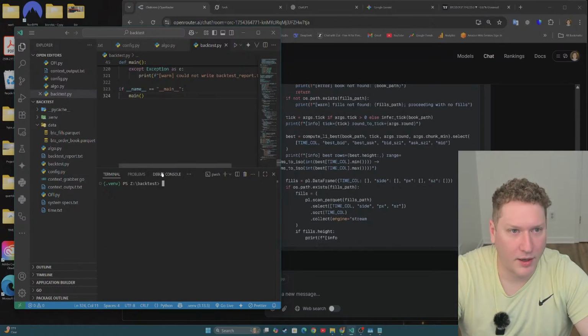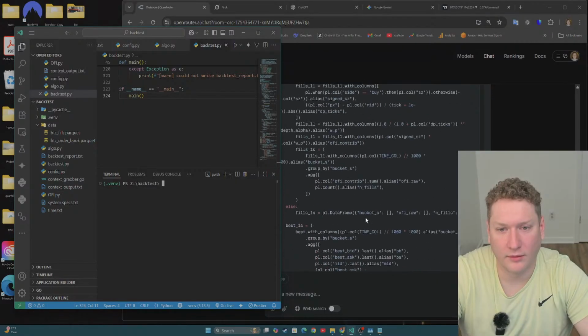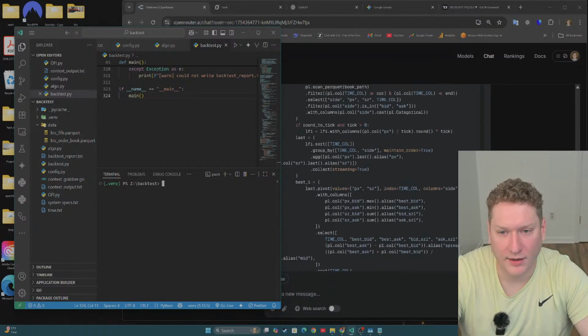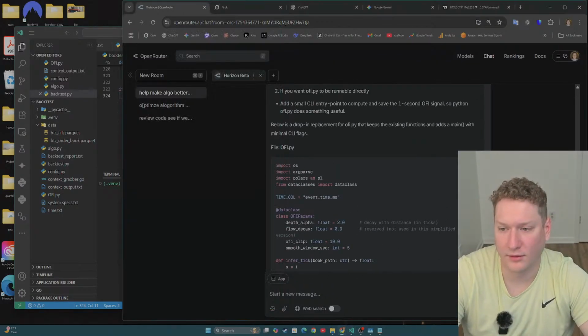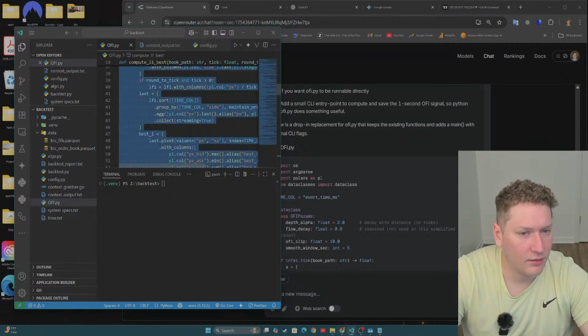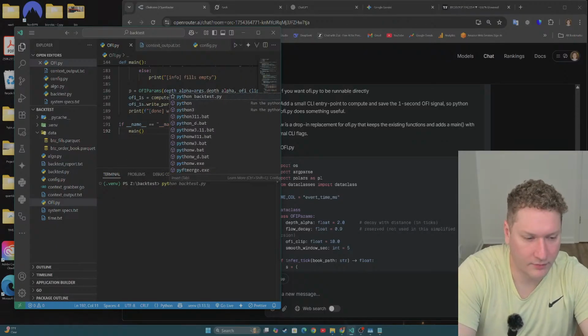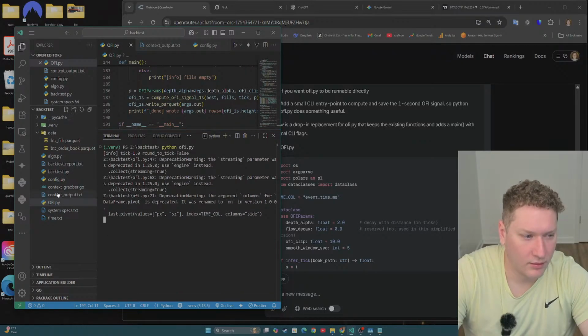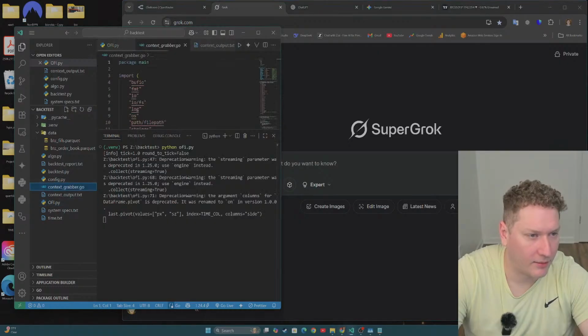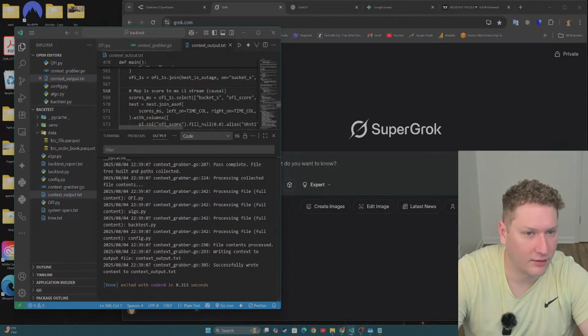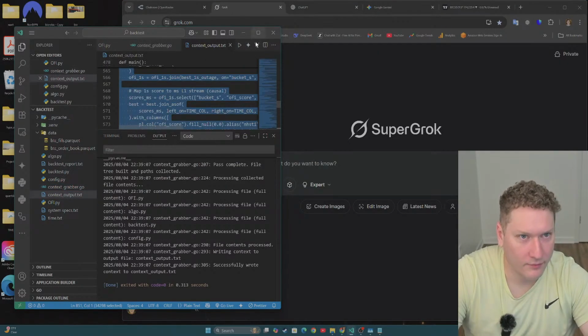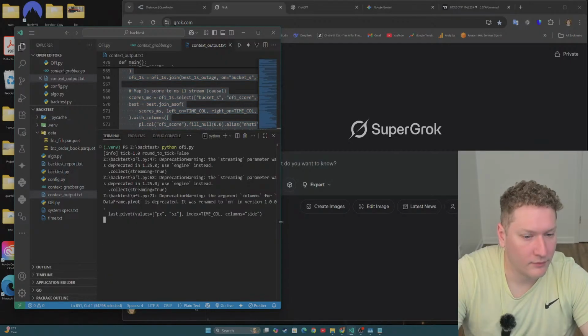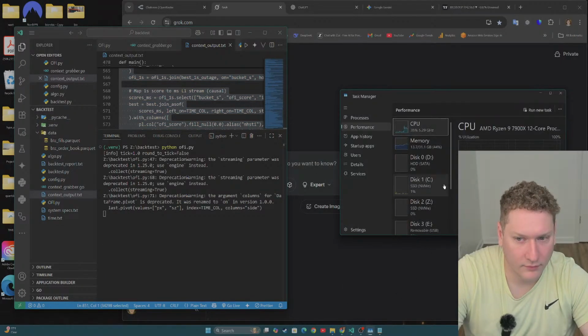Yeah, I guess we can run it either with backtest or with OFI, but preferably backtest is just the engine. I guess I like OFI better to run it with. So, all right, now we'll get Grok in here because there's undoubtedly going to be some errors going on.